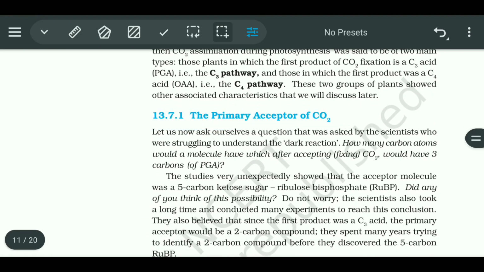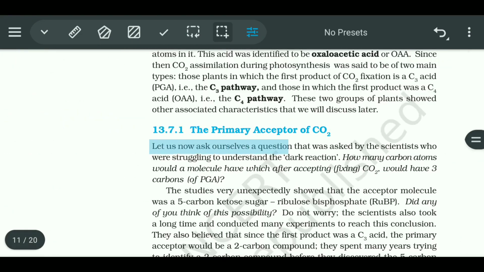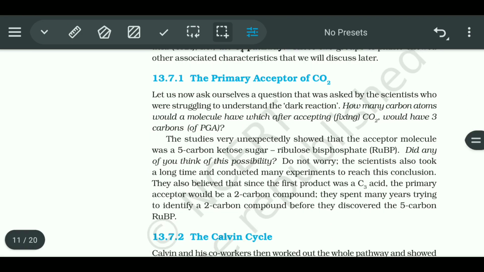13.7.1 The primary acceptor of CO2. Let us now ask ourselves a question that was asked by the scientists who were struggling to understand the dark reaction. How many carbon atoms would a molecule have, which after accepting, fixing CO2, would have the 3 carbons of PGA? These studies unexpectedly showed that the acceptor molecule was a 5-carbon ketose sugar, ribulose bisphosphate, RuBP.